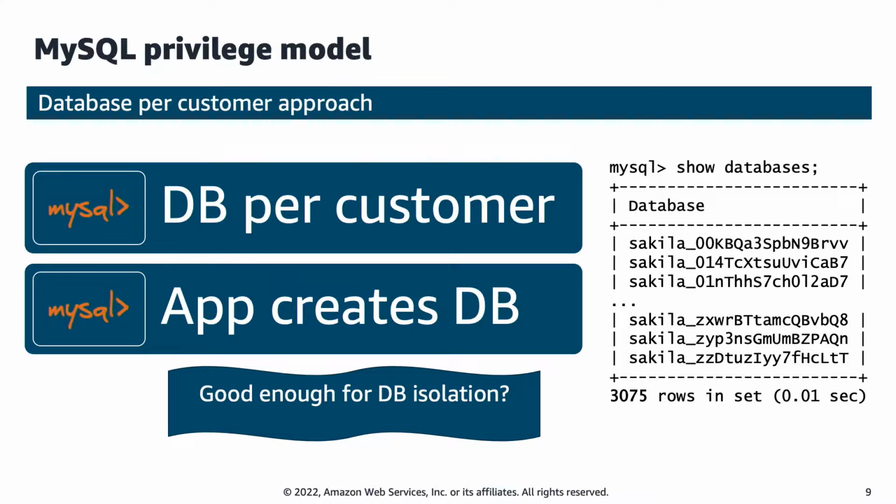The typical approach is that we create a database per customer. When a new customer comes in and signs up, we simply create a new database for that particular customer. We provision all schemas there, and then this customer starts using it.